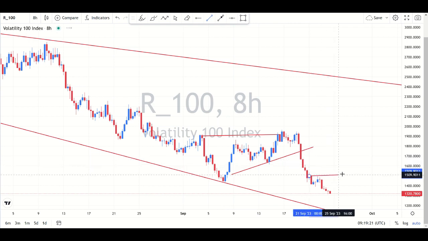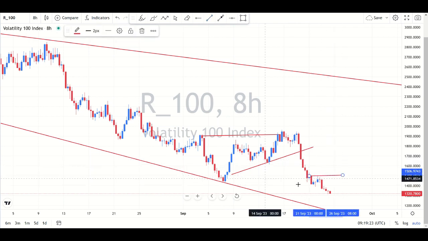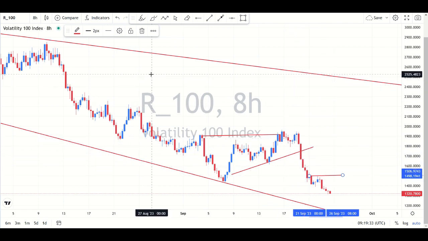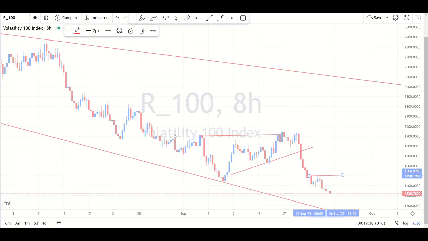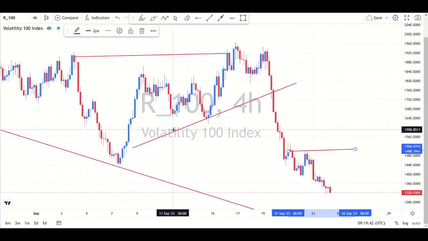We need to see the market cleanly breaking that high for us to start looking for opportunities to buy long to fill up this fair value gap and then fill up this liquidity zone here. I cannot see more zones, more history to work on. The market is just going down.